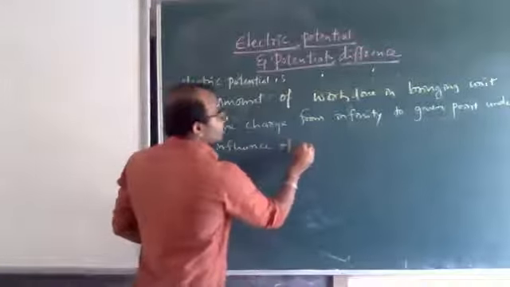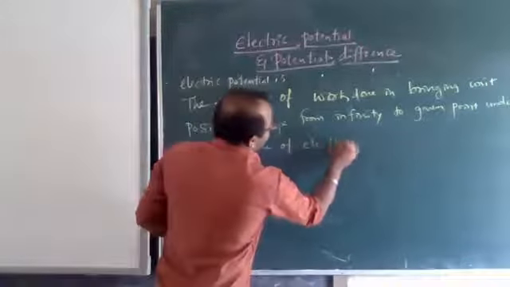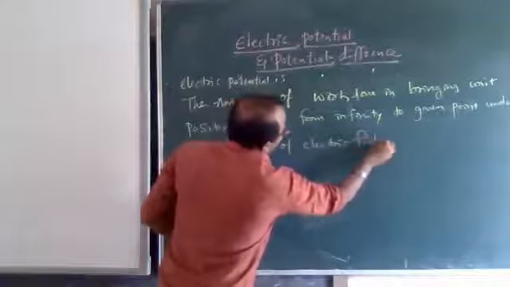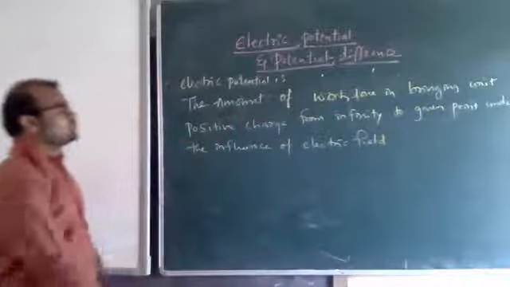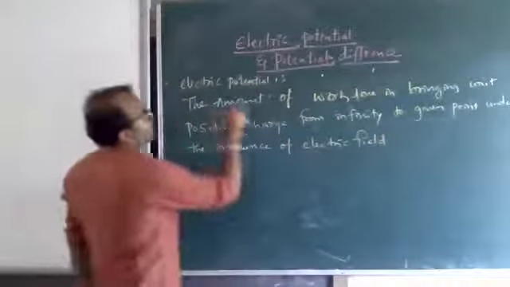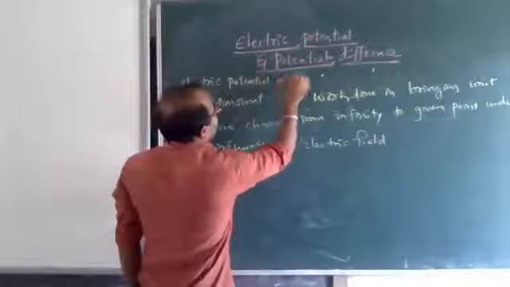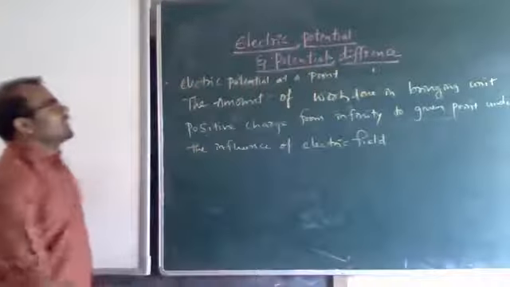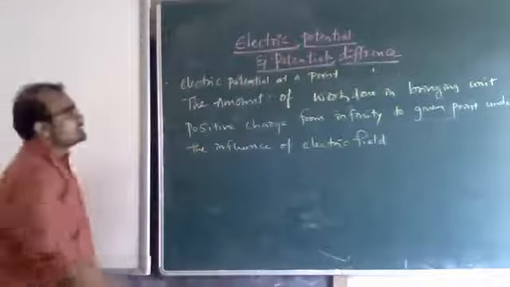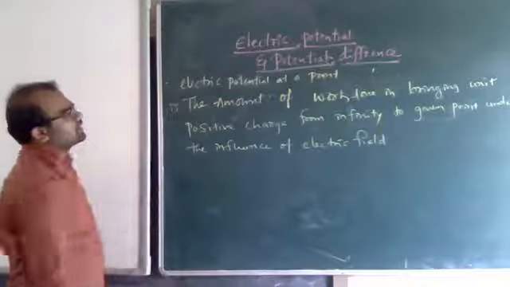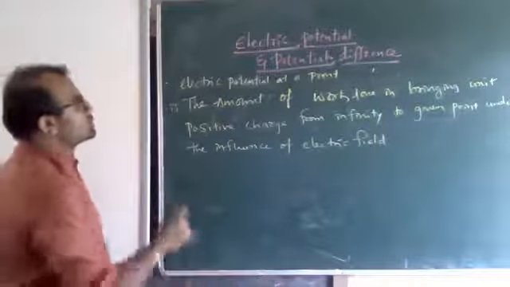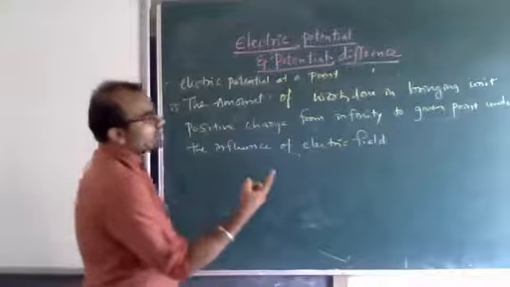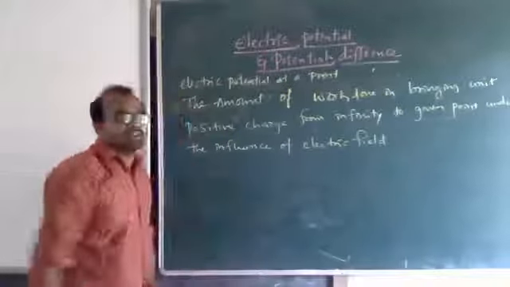There must be an electric field or circuit. So this is called electric potential at a point. Electric potential at a point is the amount of work done in bringing unit positive charge from infinity to a given point under the influence of electric field.